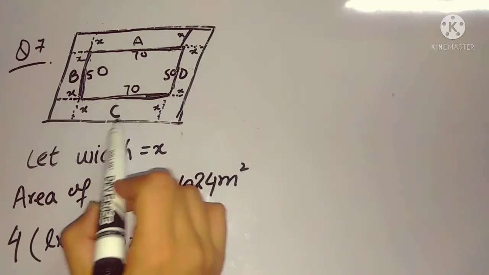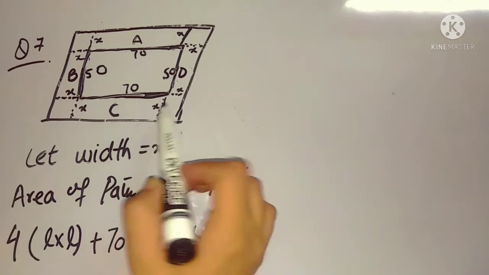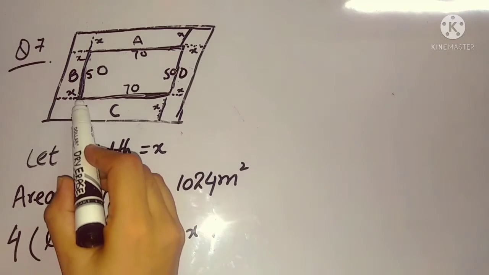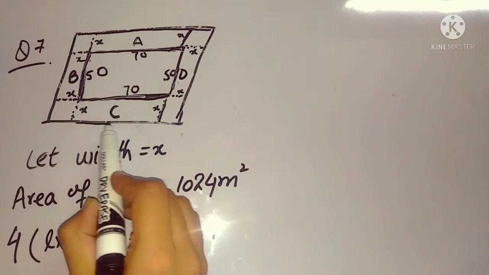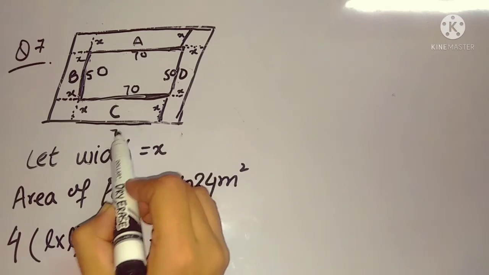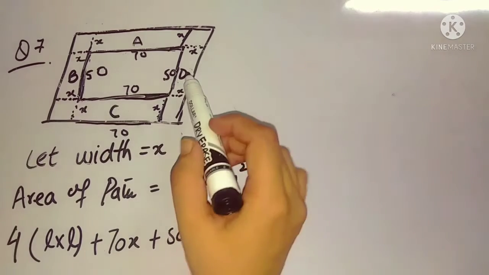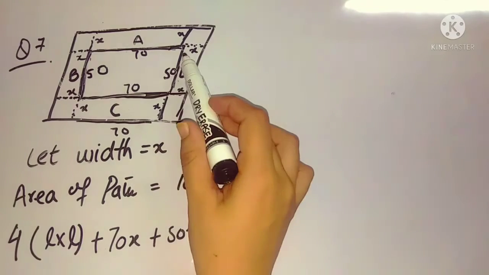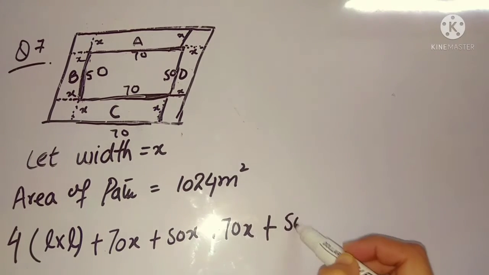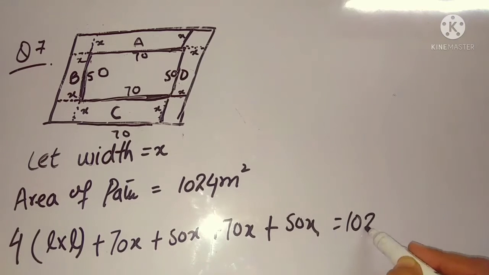Now plus for C, this is the length and this is the width. If this is 70, this is also 70, so we write 70x. Plus the D part, this is the length and this is the width, so we write 50x. And they are equal to 1024.